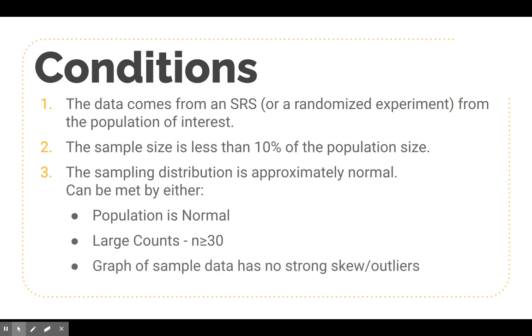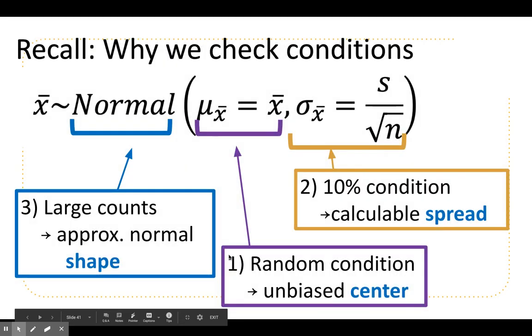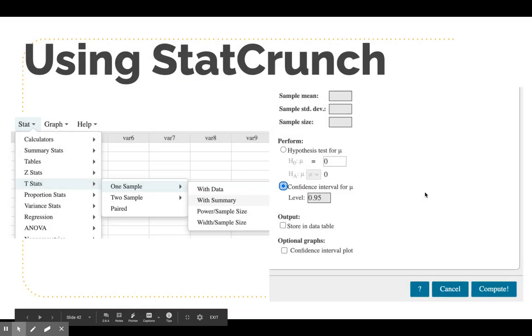Or the graph of sample data has no strong outliers. So sampling distribution being approximately normal can be satisfied by any one of these three things. And just a reminder of the notation, and we do these things because it gets an approximately normal shape, it gets an unbiased measure of center, and it allows us to actually be able to calculate the standard deviation.